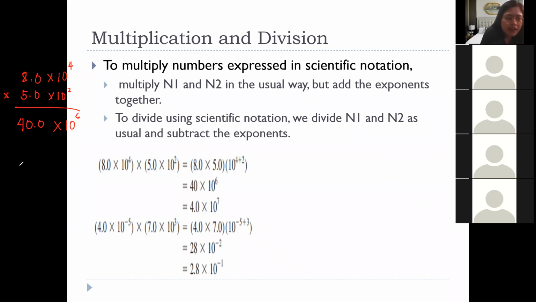So we now have the answer: 40.0 times 10 raised to the power of 6. Now, this is not the correct answer yet. This is where we adjust. We don't adjust the given, but sometimes we will be asked to adjust the final answer.